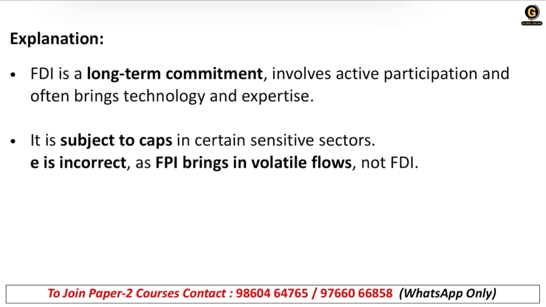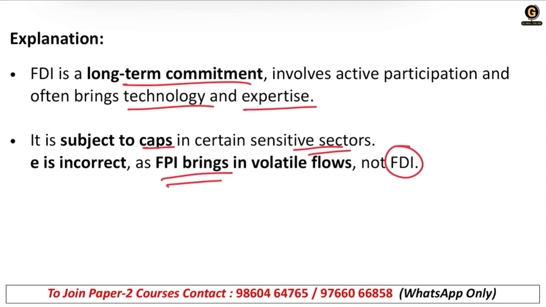See, FDI is a long-term commitment. For that reason, we bring in technologies, expertise, and skills as well. It is subject to caps in certain sensitive sectors. E is not correct. FPI brings the volatile flows, not the FDI. Correct? So this is all about this question.